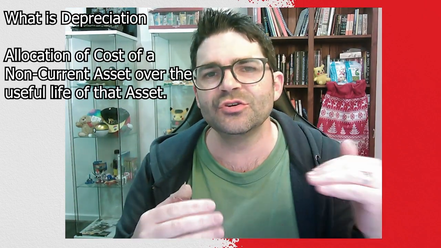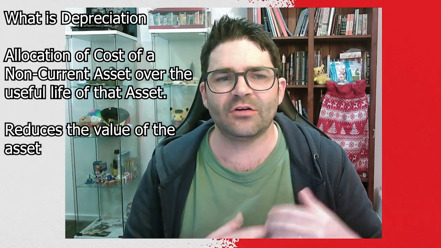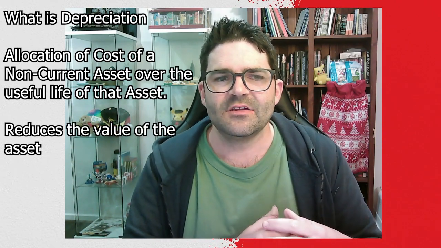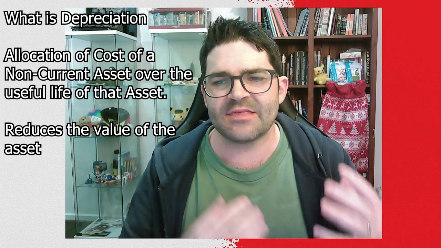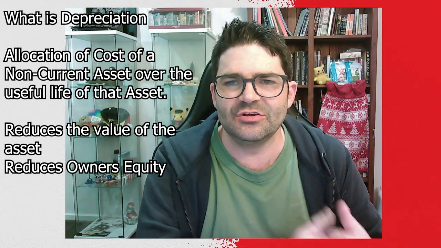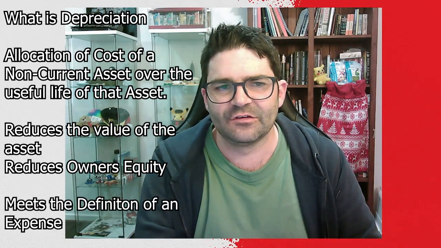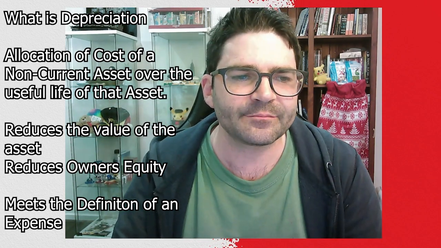That reduces the value of an asset, and then in turn, because we've used that asset, it reduces the owner's equity. It is therefore an expense. It meets that definition of an expense: it reduces the asset and reduces owner's equity.